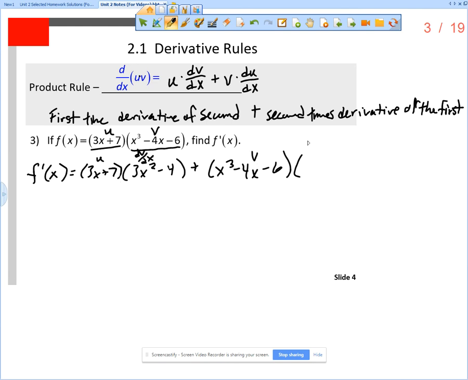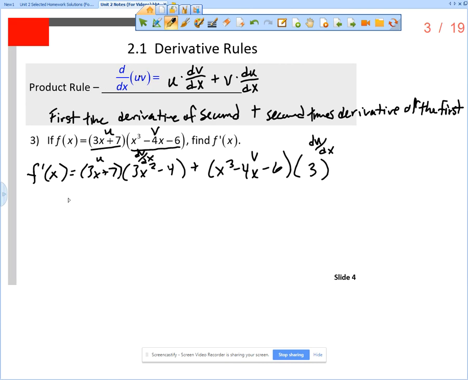So this is, remember, v times du dx. All right, so derivative of u then is going to be, well, what's the derivative of 3x plus 7? So derivative of 3x is going to be 3 times x to the 0 plus 7. The derivative of 7 is 0. So this would be f prime of x. Now, of course, we could multiply this thing out and simplify and all that, but this technically would be the derivative.